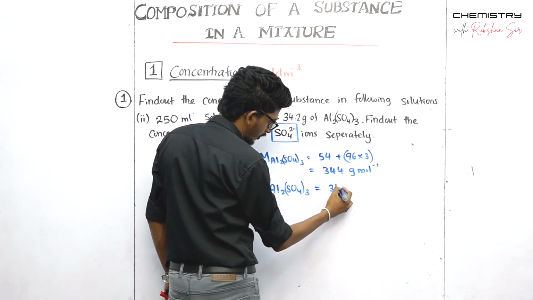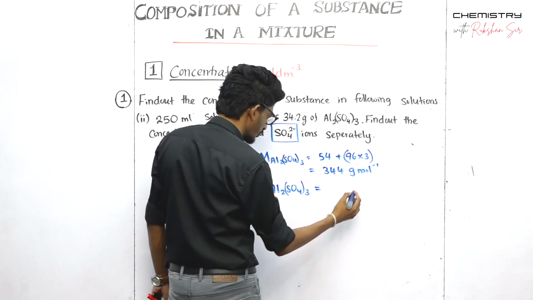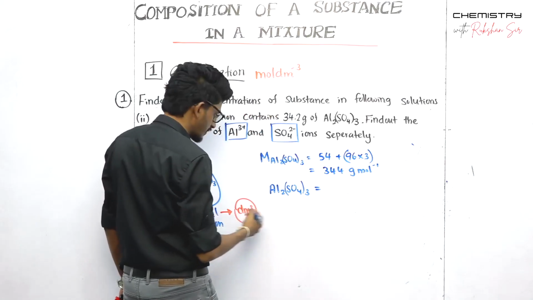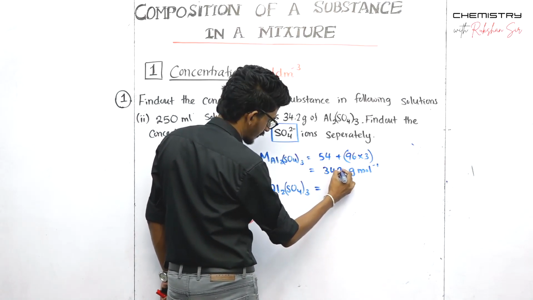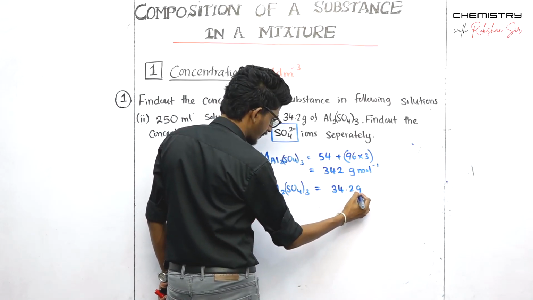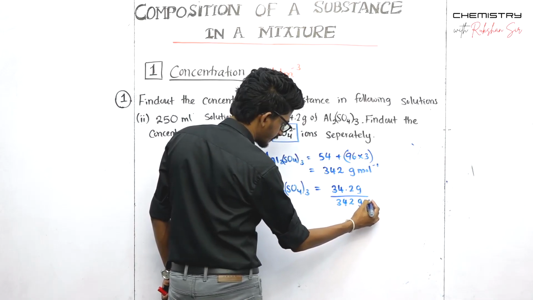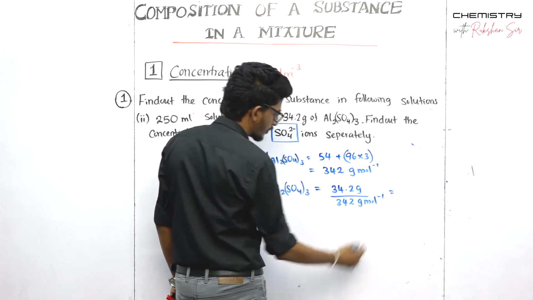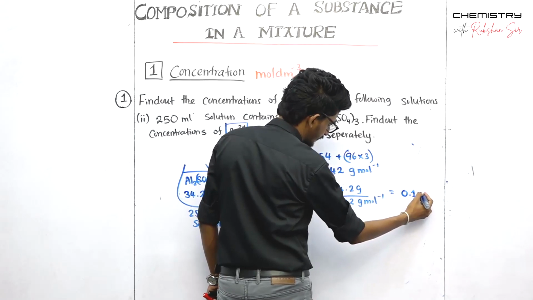The g value should be divided by the g mol⁻¹ value. The g value is 34.2 grams divided by 342. So the moles value will be 0.1.